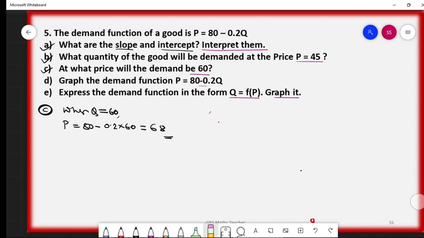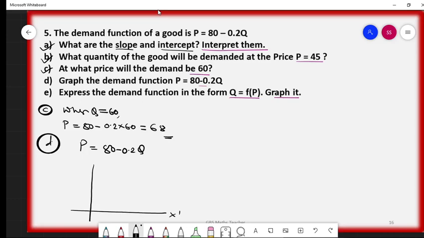First of all, part D: graph the demand function P equal 80 minus 0.2 Q. So firstly, we can take x-axis, y-axis, 0 origin.